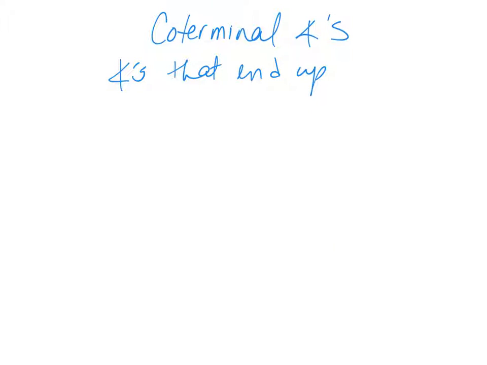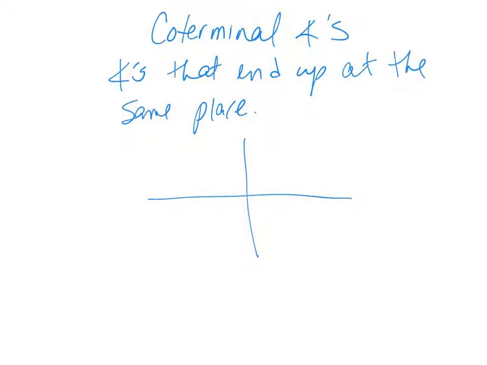Coterminal angles are angles that end up at the same place. Even if they took a different route, they end up in the same place. So, how many coterminal angles can I find for negative 200 degrees?